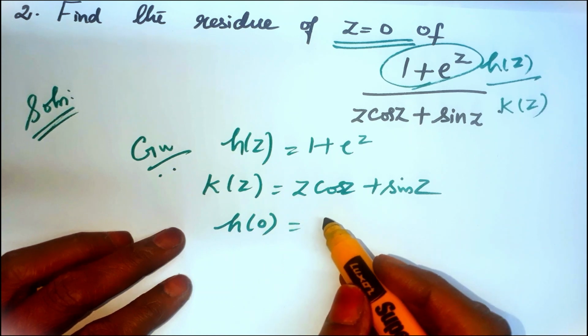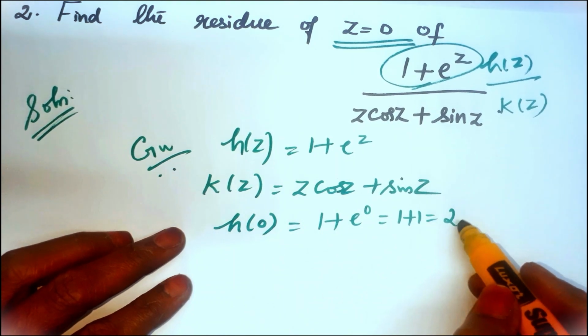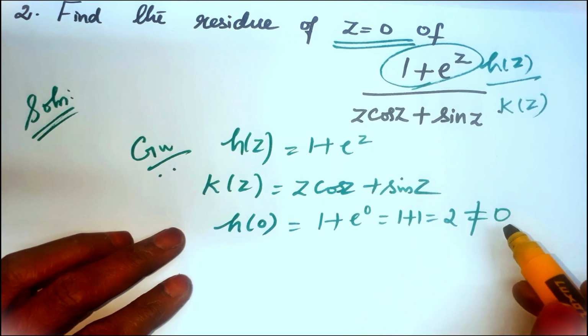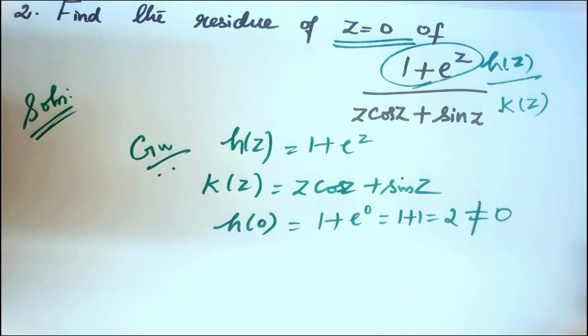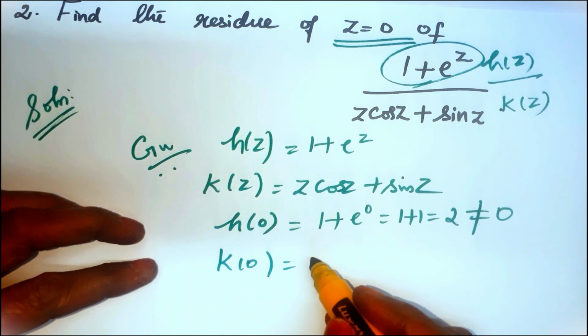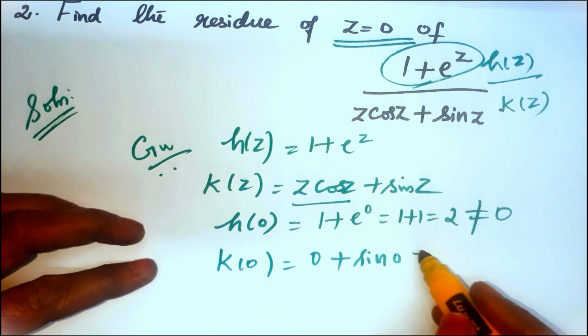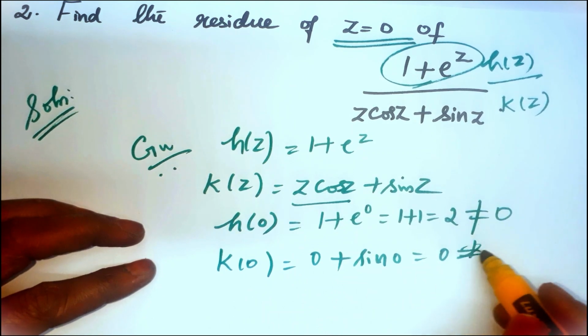h of 0 is equal to 1 plus e power 0, which is equal to 1 plus 1, which is 2, which is not equal to 0. Am I right? Then k of 0. K of 0 is equal to 0 into anything, 0, plus sine 0 is also 0, which is equal to 0.